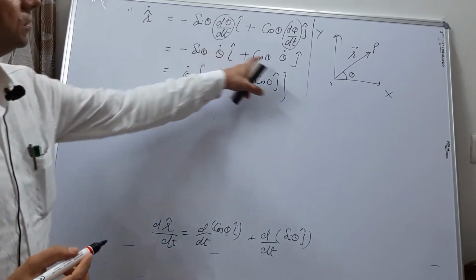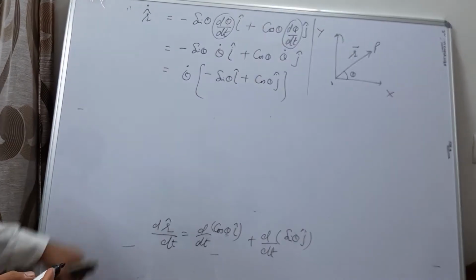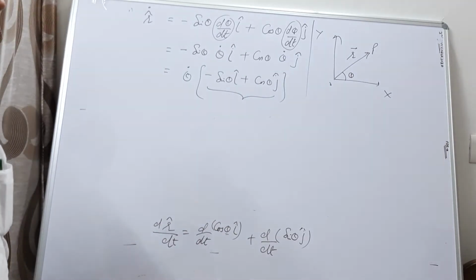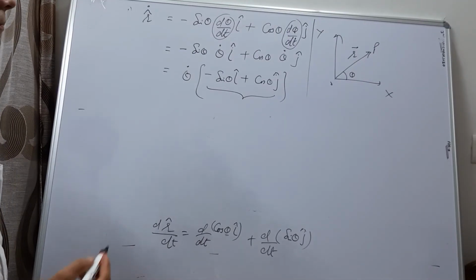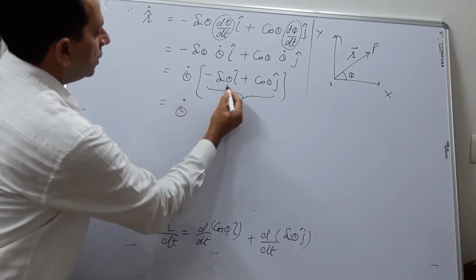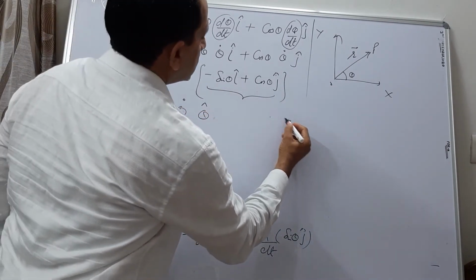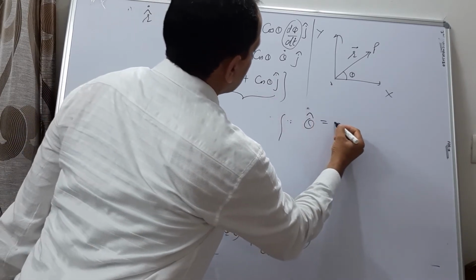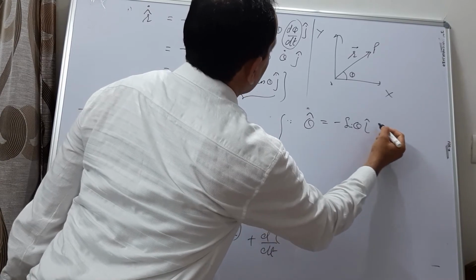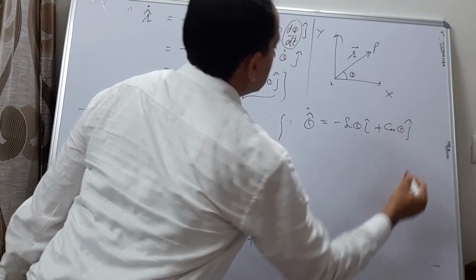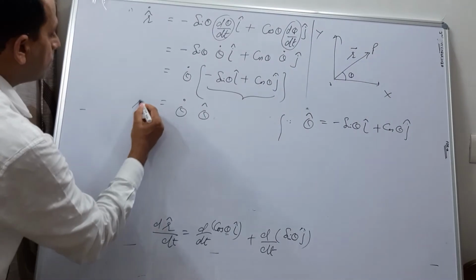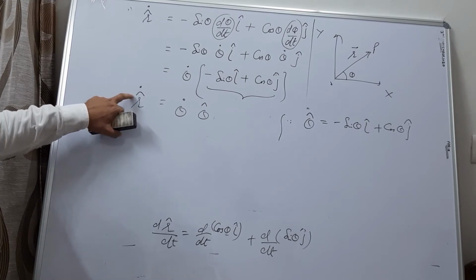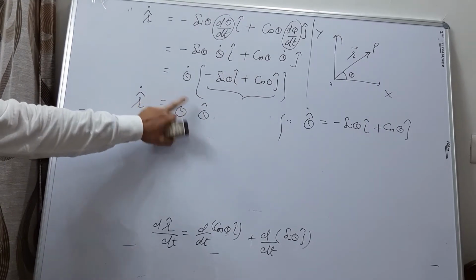Is it clear? On taking theta dot common, we get this answer. We know that this is theta cap, since we have studied theta cap is equal to minus sin theta i plus cos theta j. So, r cap dot, the derivative of the unit vector r cap, is equal to theta dot theta cap.